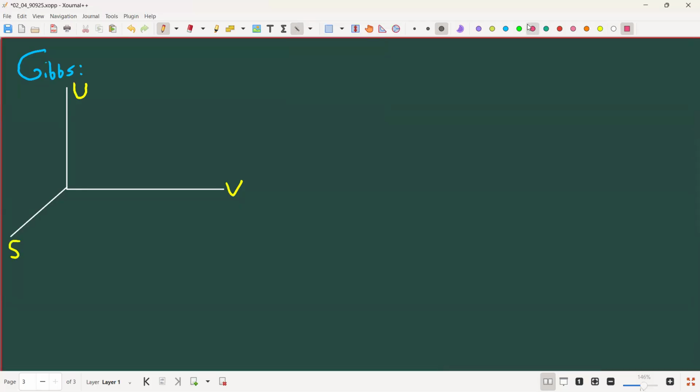And we generate a surface, right? We can pick a different volume and a different entropy, and we get a different energy. And it's a singular function. So we get this surface in 3-dimensional space.